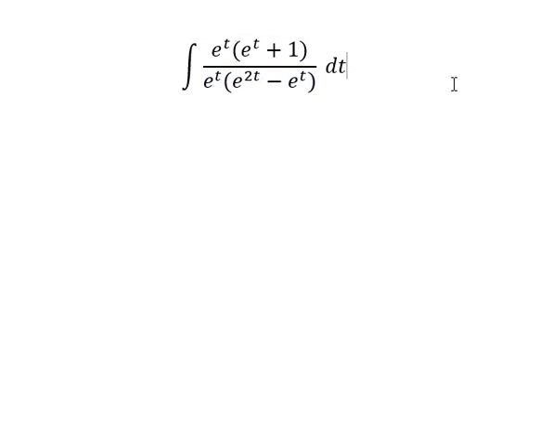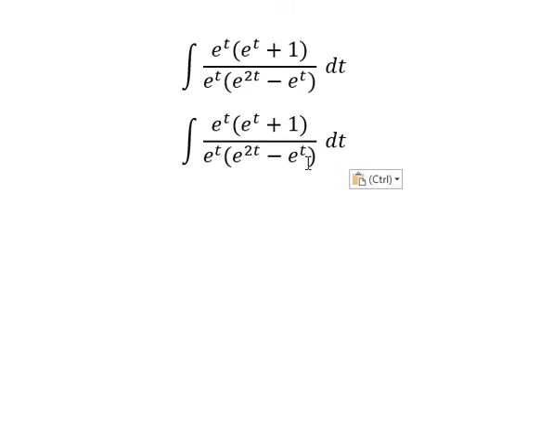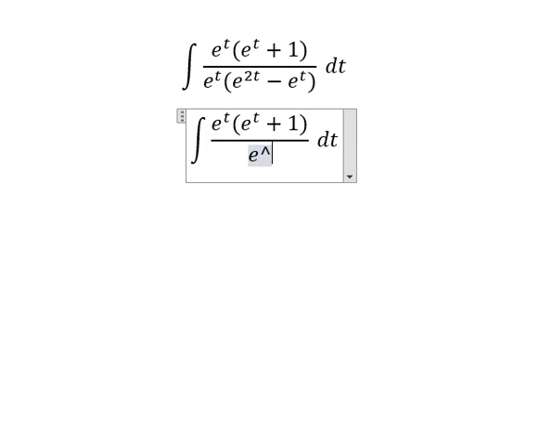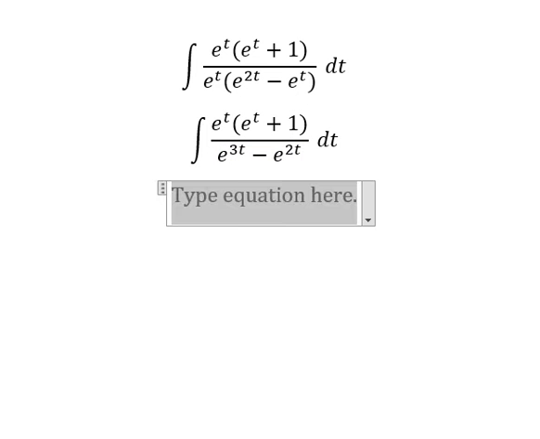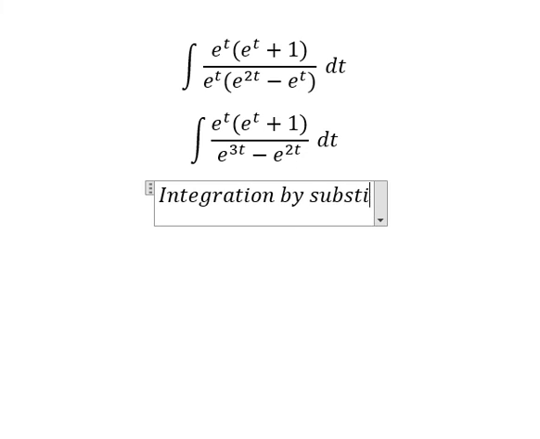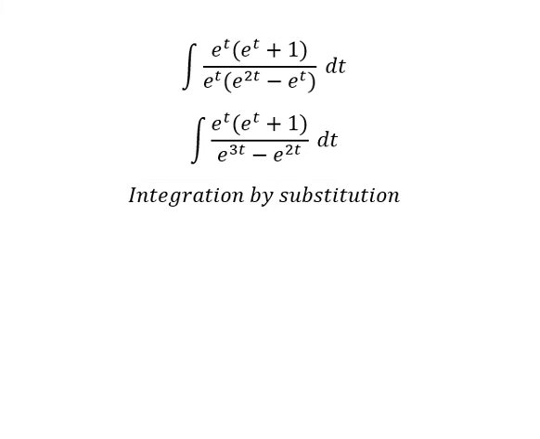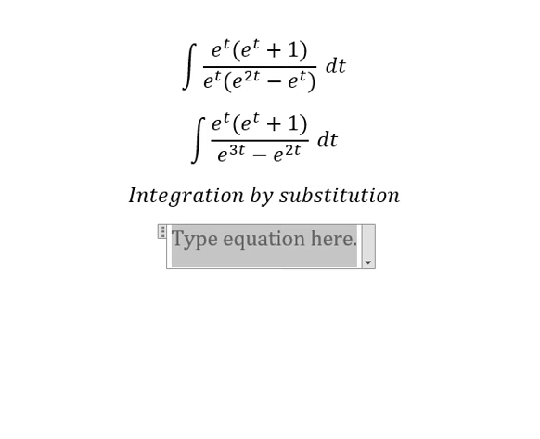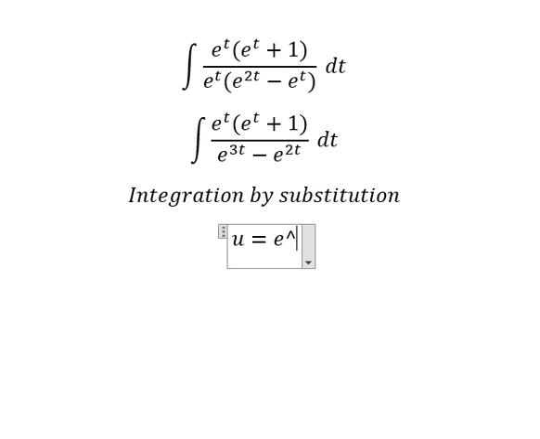So this one we can put e to the power of 3t minus e to the power of 2t. So we can use integration by substitution. So I will put u equals e to the power of t.